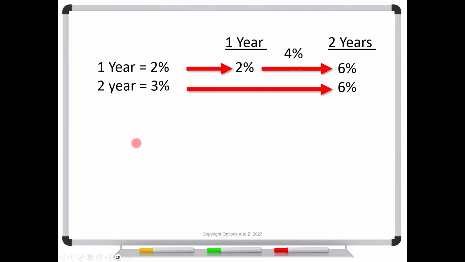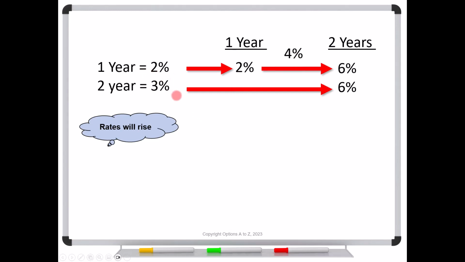Let's say that instead, investors collectively thought that rates are going to rise. They don't think that rates are going to be 4%, maybe they're going to be 5%. Well, if that's true, then investors should choose the rollover strategy.